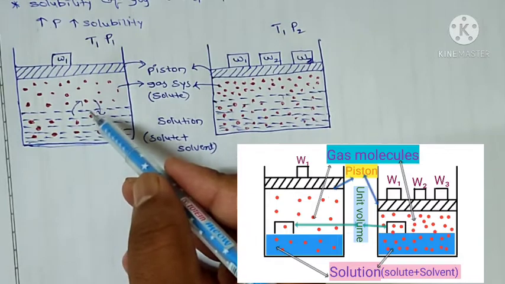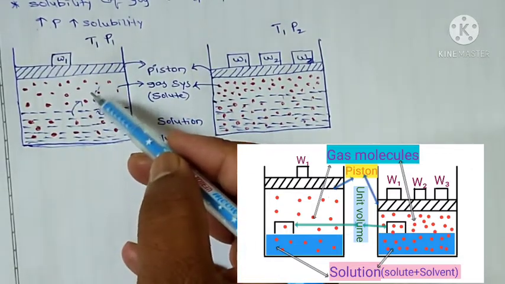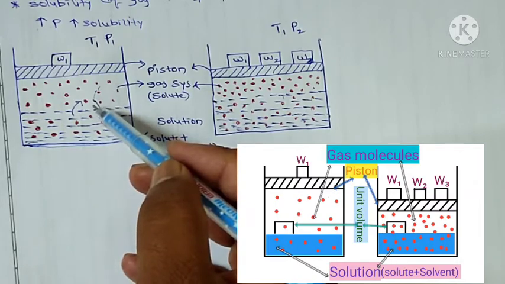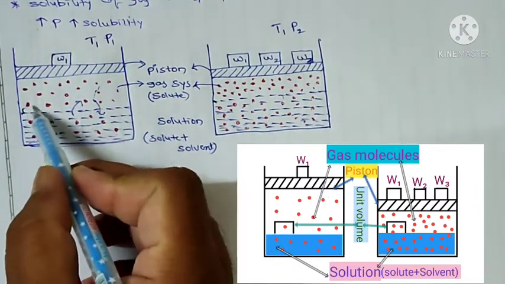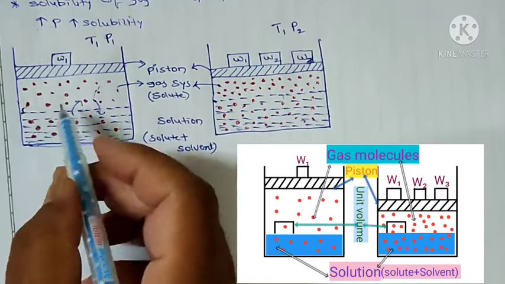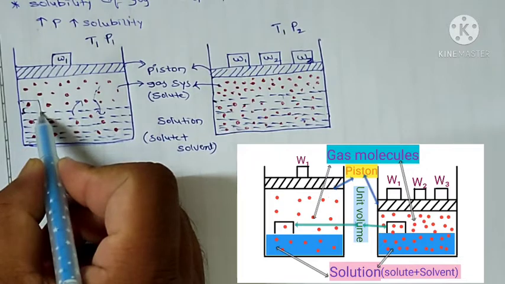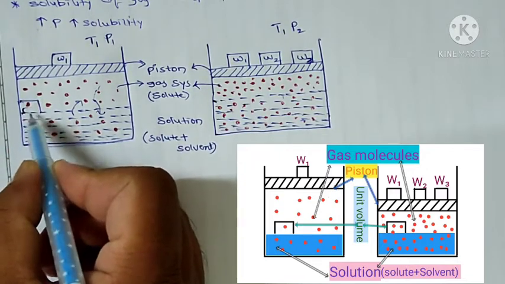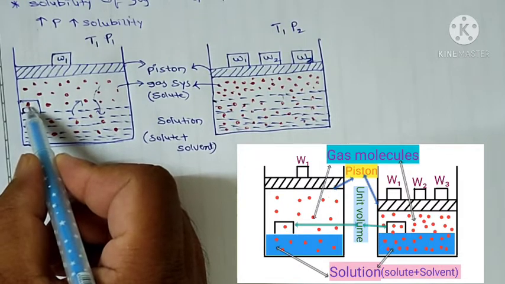Now here, if you increase the pressure over the solution, it will increase the number of gas molecules per unit volume over that solution. If I take a unit volume, in that unit volume we have only one gas particle.